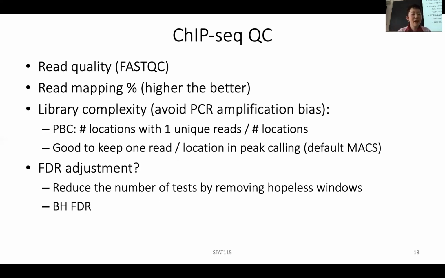And so we say, okay, within a 300 base pair window, you need to have a minimum number of reads before you even think about comparing with the control. And then you still test the ones that are promising, and then based on the distribution of those p-values, you can do Benjamini-Hochberg to see the correct number of binding sites.